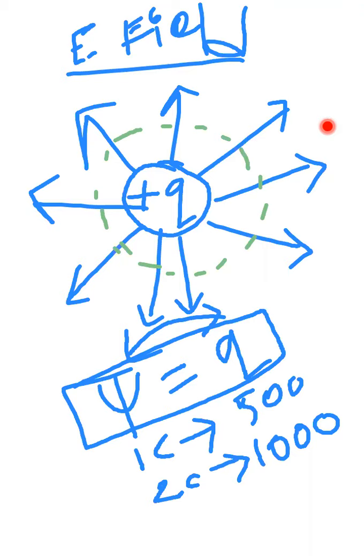So these lines will end at infinite distance if there is no charge present inside our system. If there are some charges present, say for example, if I am having some charge minus q here, then this line will end here only. Because positive charge and negative charge will meet up, the flux lines will end there itself.